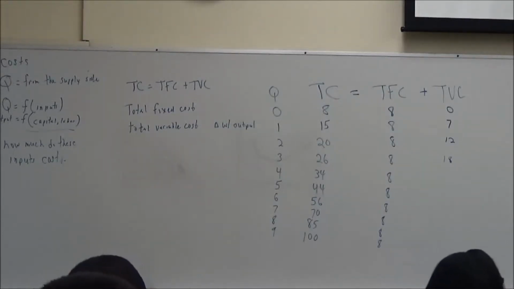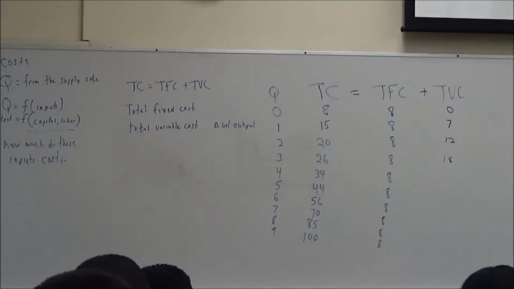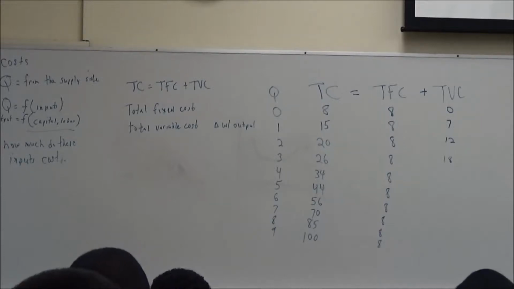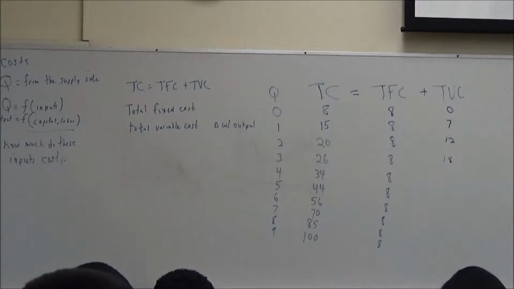If I produce 1, how much are my fixed costs? 8. 2, 8, 3, 8, 4, 8. Got it? So all it is is a straight line. That's my fixed cost. Good enough? All right, so we're done with that one.